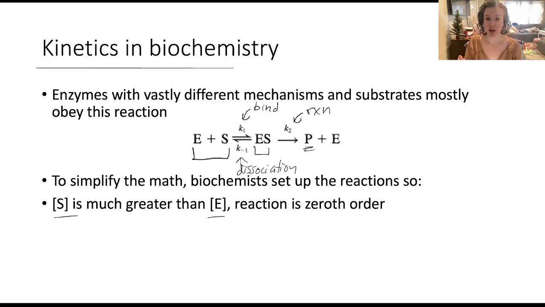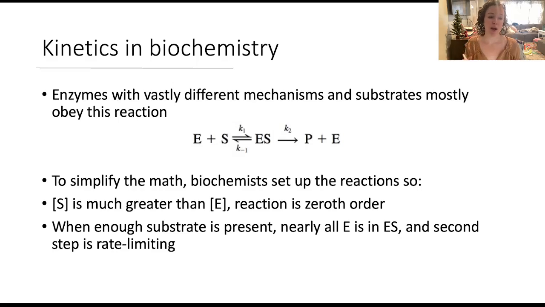You learned about reaction orders way back in Gen Chem. I don't expect you to remember this. I'm only saying this to kind of convince you that we set up the experiments in a way that the data is easier for us to understand. Also, when enough substrate is present, we can basically assume that nearly all of the enzyme is bound to substrate or in the enzyme substrate complex. And this allows for the second step to be rate limiting.